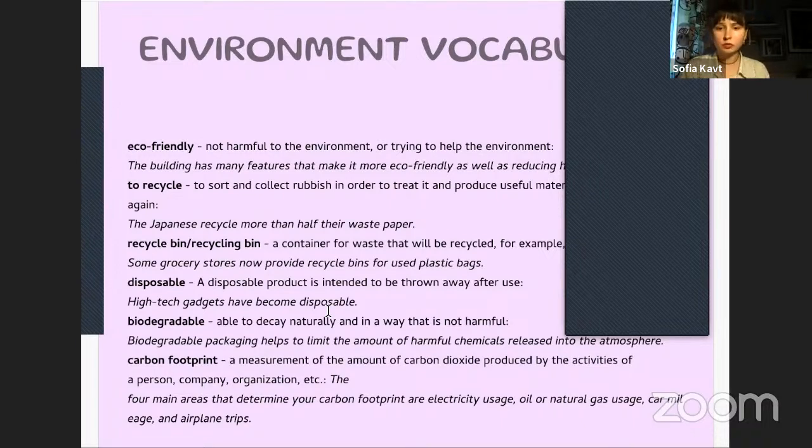Examples of activities that determine a person's or an organization's carbon footprint are the usage of electricity, oil, natural gas, car mileage, and airplane trips. So it's everyone's goal to reduce the carbon footprint.